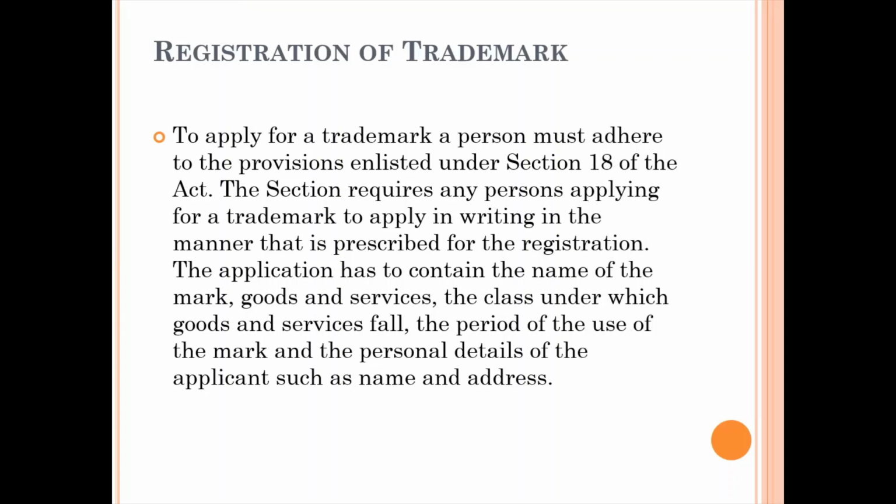The application has to contain the name of the mark, goods and services, the class under which goods and services fall, the period of use of the mark, and the personal details of the applicant, such as name and address. These are defined in the Act to register a trademark.